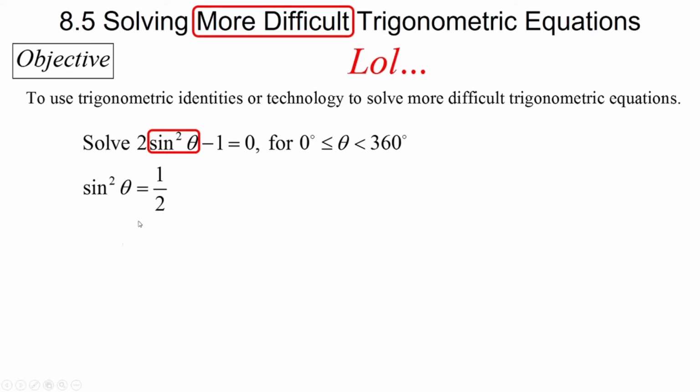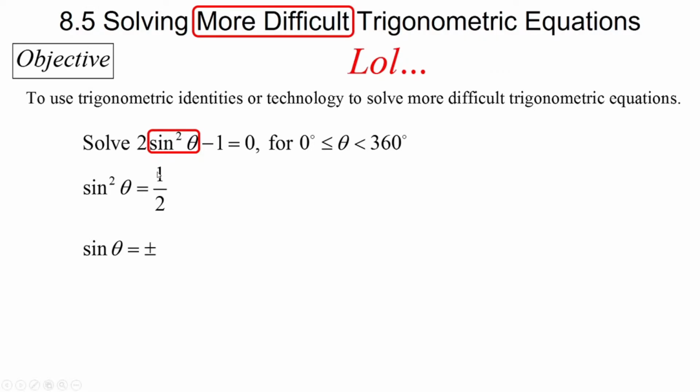All right, now you've got to undo this square right here. Let's solve for sine of theta. So let's simply take the square root of both sides. The square root of sine squared of theta would simply be sine of theta. And when I take the square root of 1/2, I have to talk about both the positive and the negative roots, so we need a plus or minus.